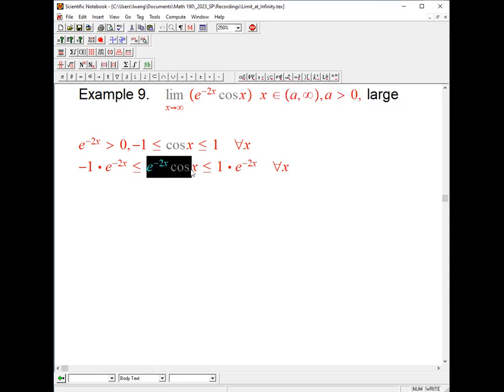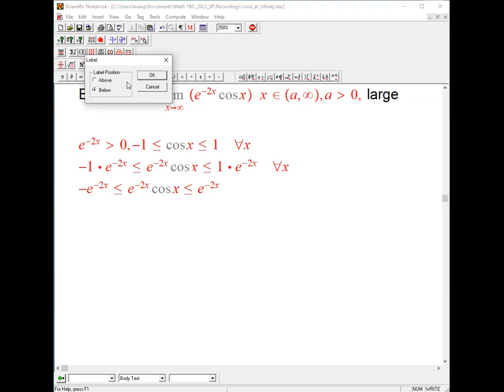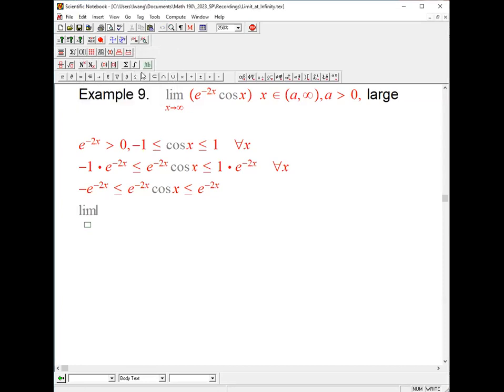So now the given function is squeezed in between, right? In between. So this is a negative, and that can be removed. And the limit of e to the power negative 2x is 0 as x approaches positive infinity.